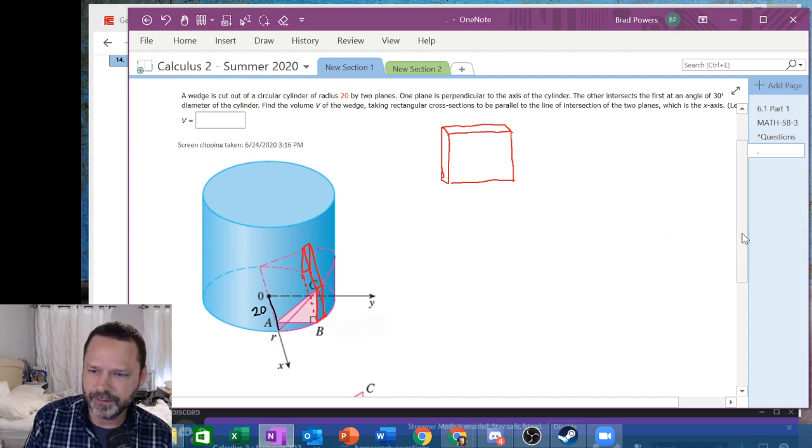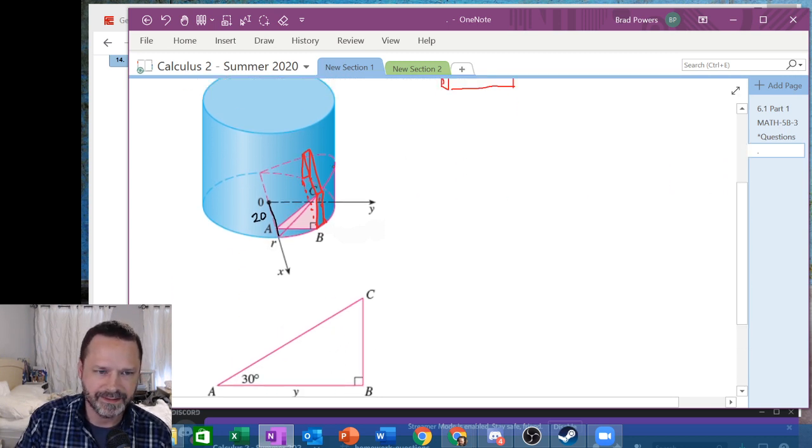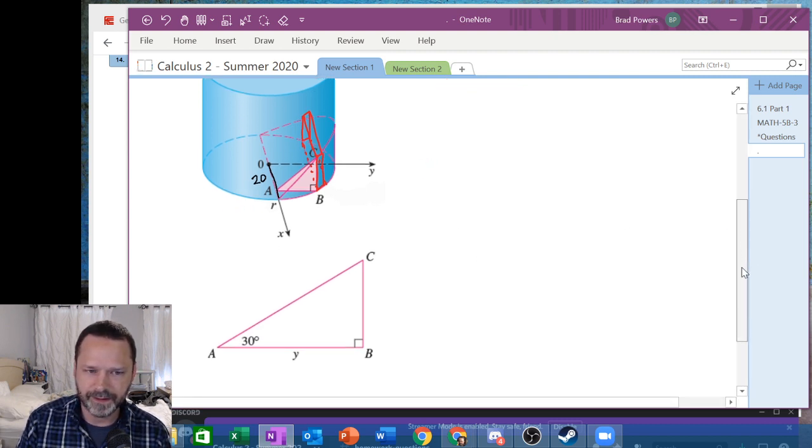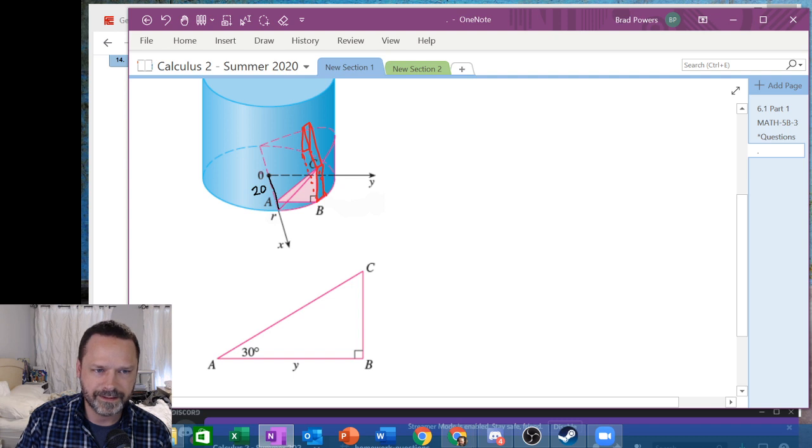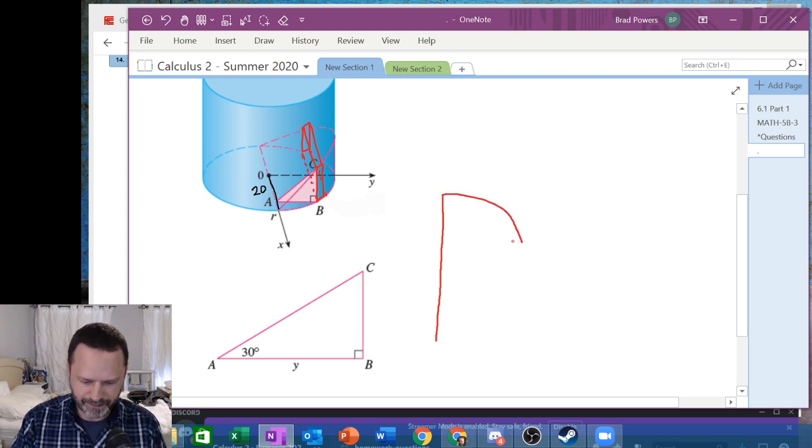So one more view that would be really helpful, helps us a ton, is the very top view. So I'm going to say, what if I'm looking at this cylinder from the very top? That's going to be super helpful, and have a beautiful semicircle to show.